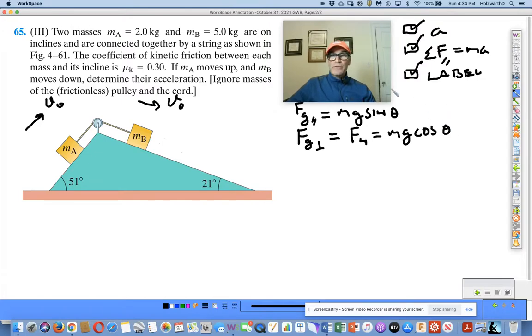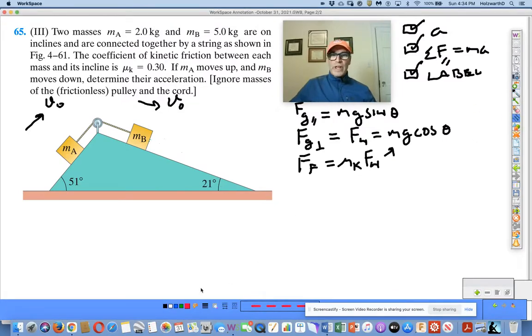And the equation for the force of friction is mu times F sub n. Now, in this particular problem, we have the coefficient of kinetic friction, so sliding friction times the normal force, for which the normal force is mg cosine theta. So let's label this diagram.